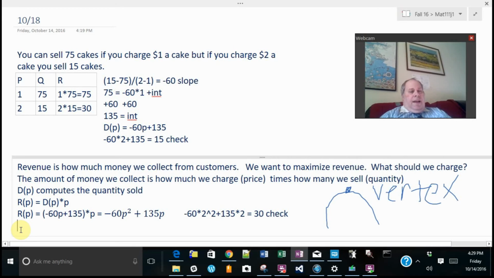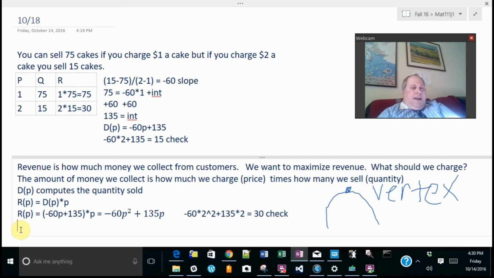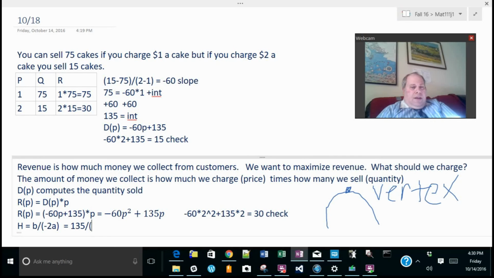And we know how to do that from our last class. This is the h of the vertex, which is the x, or in this case the price value, because p is the independent variable. H is b over negative 2a, which in this case is 135 divided by, remember to parenthesize, negative 2 times negative 60.